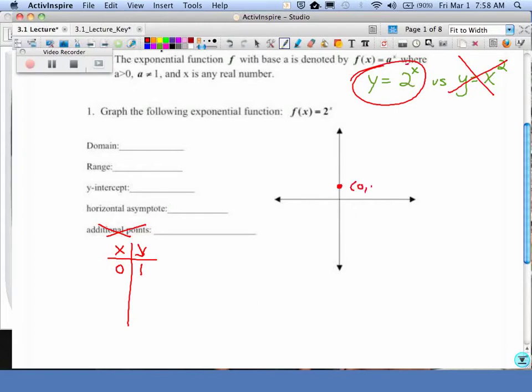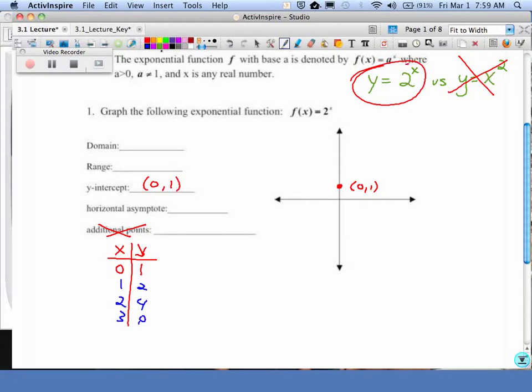What do you call that when you hit the y-axis? That is the y-intercept. Give me another number to test. Maybe we would go 1. What's 2 to the first power? What's 2 squared? What's 2 cubed?